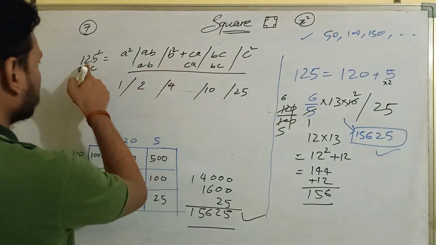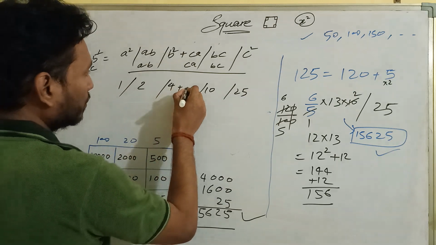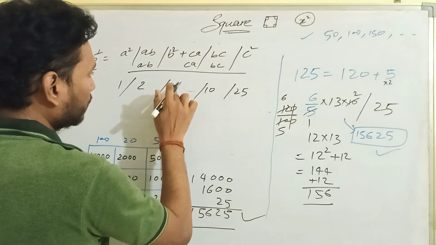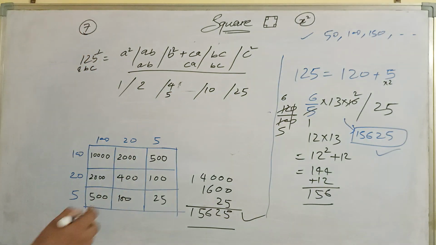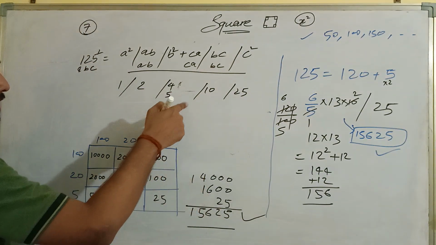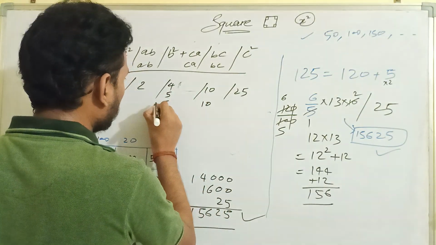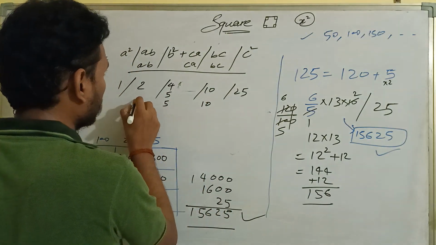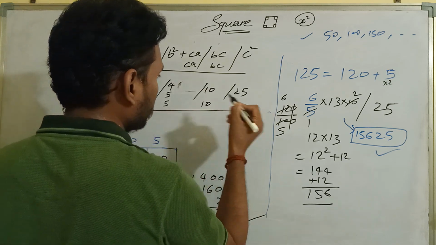And CA, 5 into 1, is 5. Clear? Now again this is 10, this is 5, and this is 2. Add it.